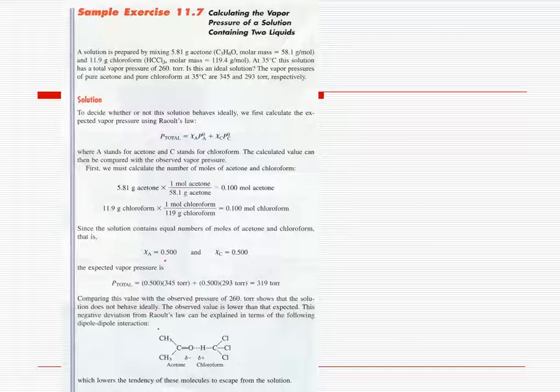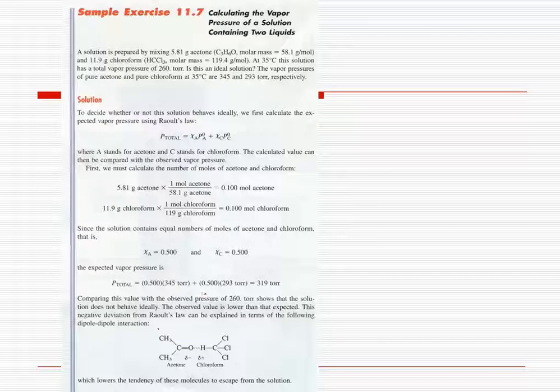In the end, once you find the mole fraction of both components, we find out that it's actually 50-50 acetone and chloroform. So using this modified Raoult's law, we're going to take the mole fraction of the acetone and multiply it times its original vapor pressure, which is 345 torr.